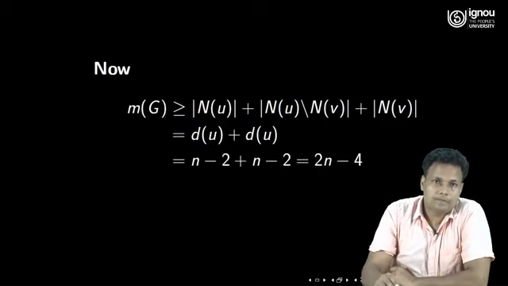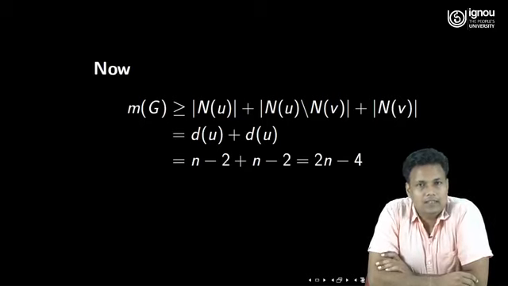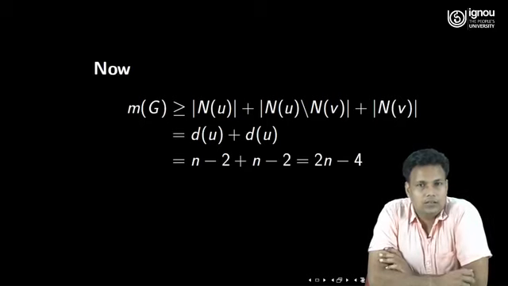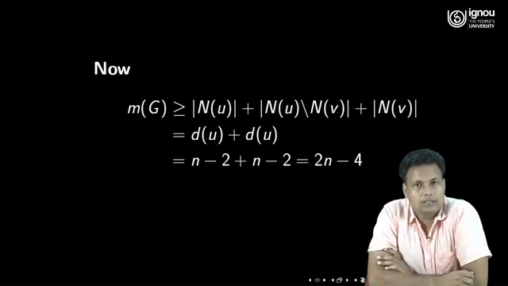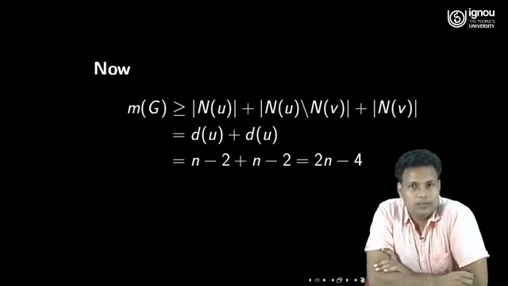So we have m(G) is at least the cardinality of N(u) plus the cardinality of N(u) minus N(v) plus the cardinality of N(v).